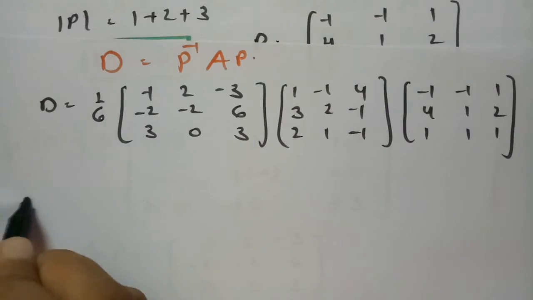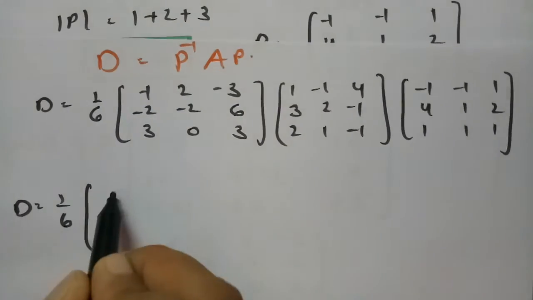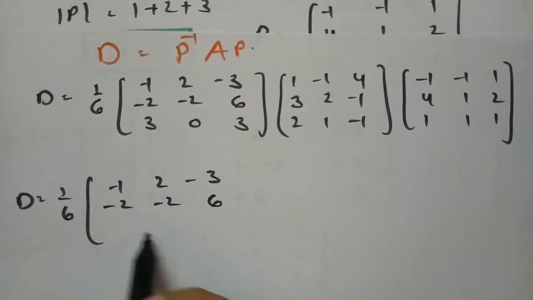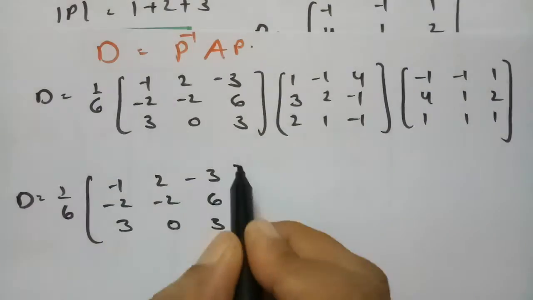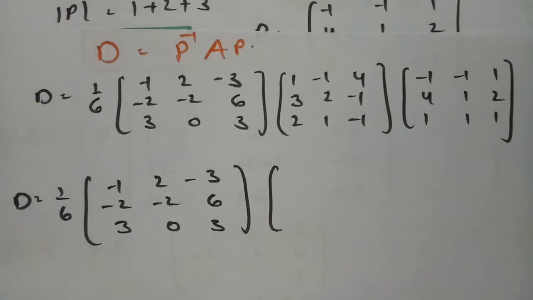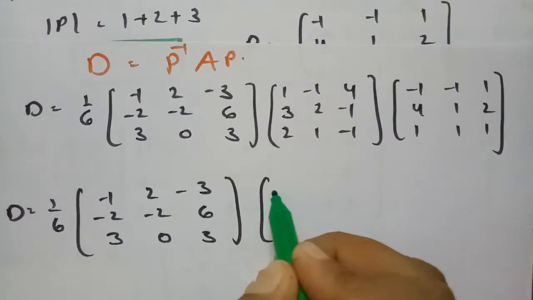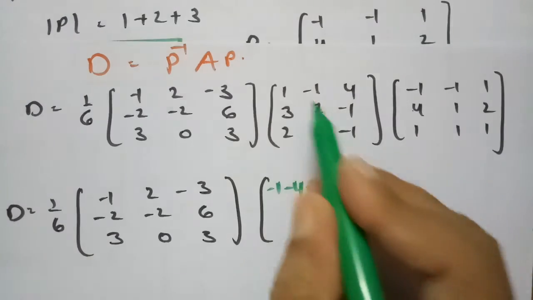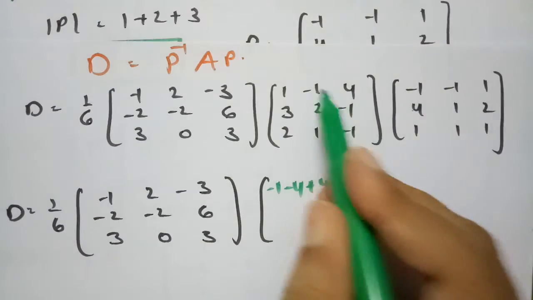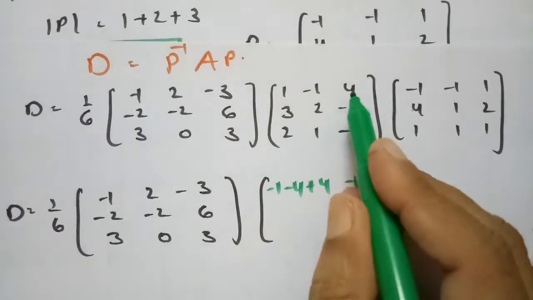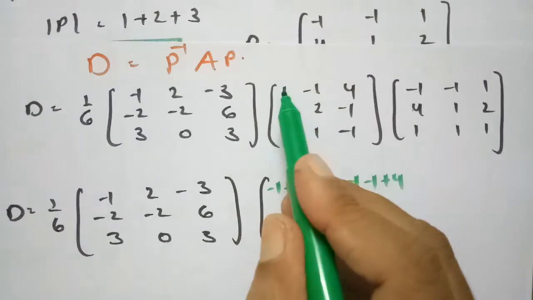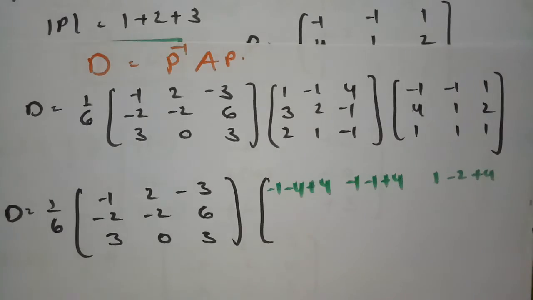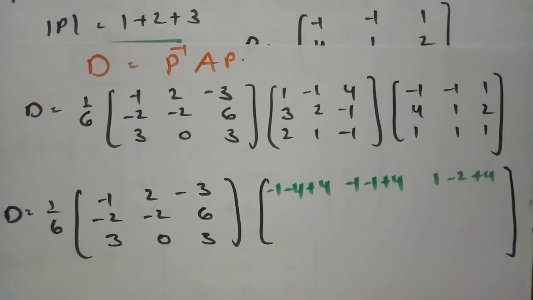So if I multiply, see here, this is 1 by 6 times of this: minus 1, 2, minus 3. Minus 2, minus 2, 6. 3, 0, 3. So if I start multiplying, this will be minus 1, this is minus 4, this is plus 4. So this is minus 1 and this is minus 1 again, plus 4, and this is 1, minus 2, plus 4. Plus 4.